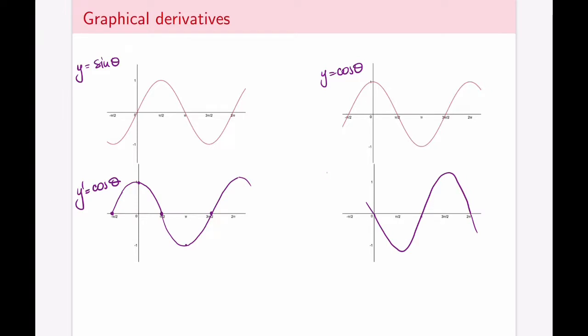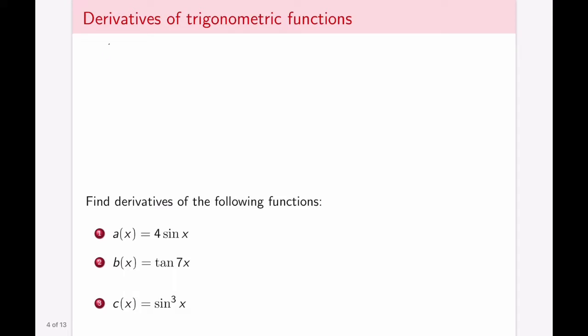And what we can notice is that the derivative in this case is negative sine of theta. So let's say we record what we have so far. The derivative of sine of, let's start using x, is going to be cosine of x. The derivative of cosine of x, we've just at least somewhat justified visually, is negative sine of x.